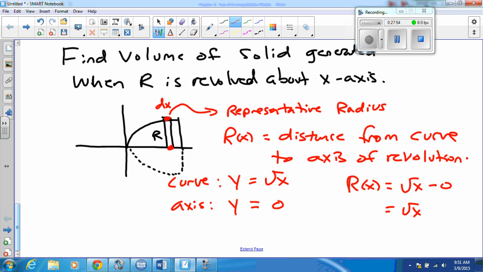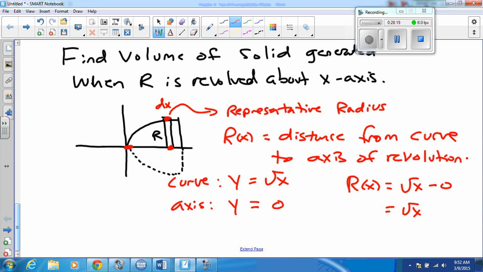And I can identify that the radius is equal to the square root of x. Now, just as I did with area representative rectangles, so also here I'm going to spot check at the extremes. According to my formula, when x is equal to 0, my radius should be 0.